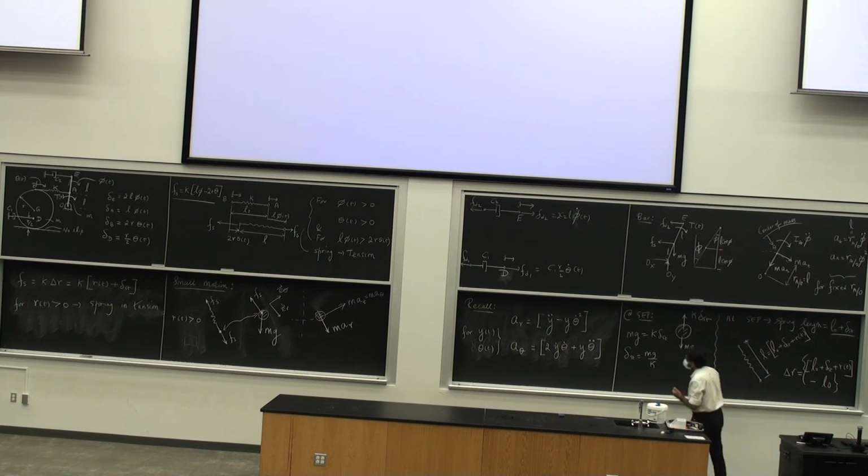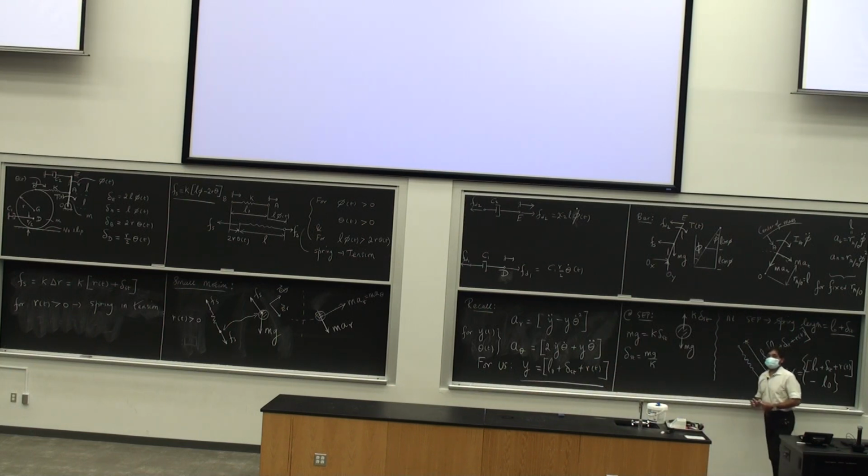So for us, y is delta naught, delta static, and R of t. Does this make sense to everybody?